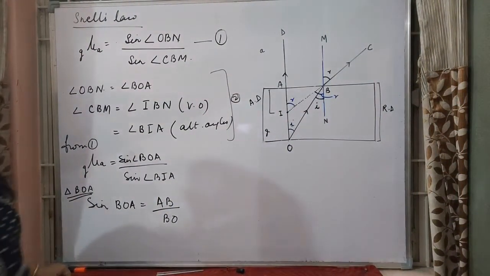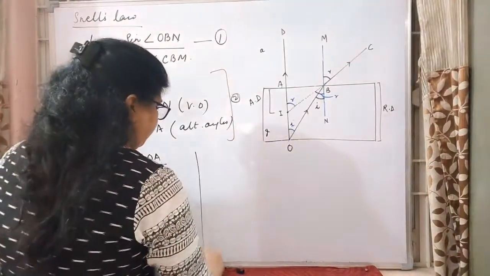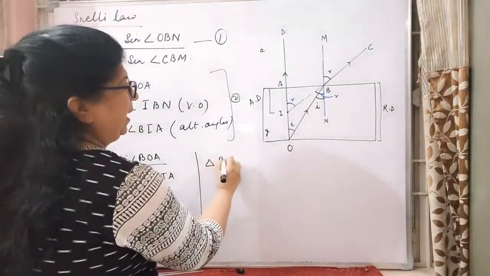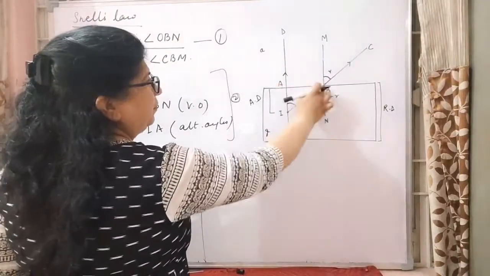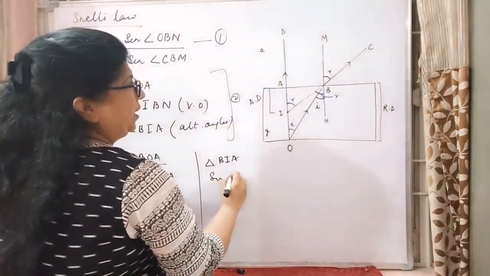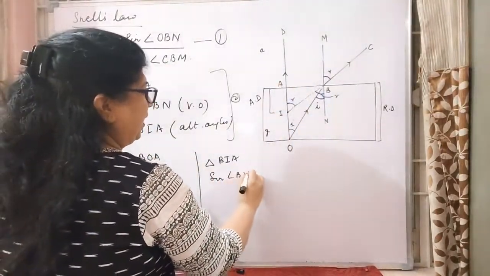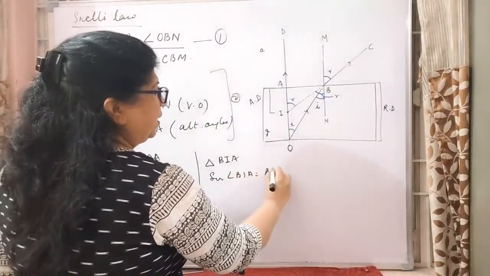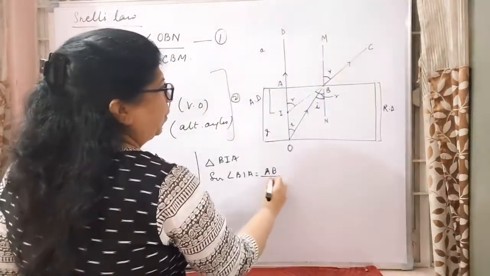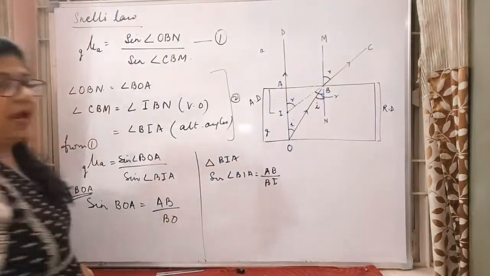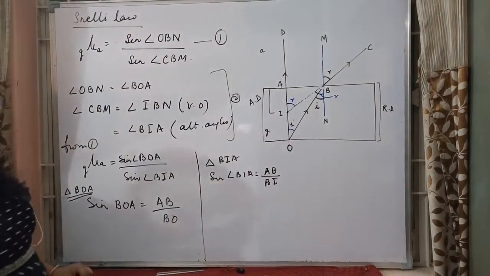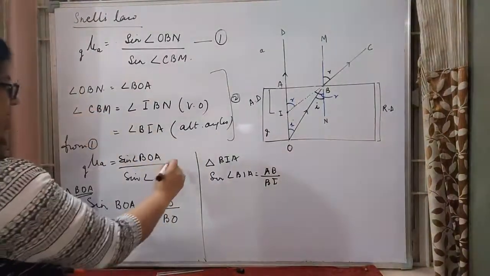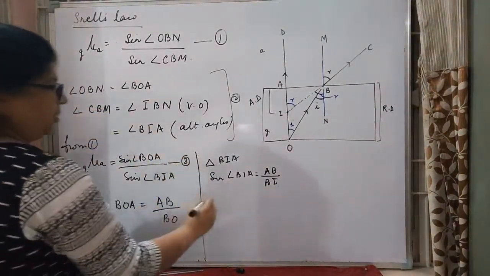Okay, similarly in triangle BIA इस triangle में again sin of angle BIA is equal to again perpendicular upon BI, that is the hypotenuse, right?